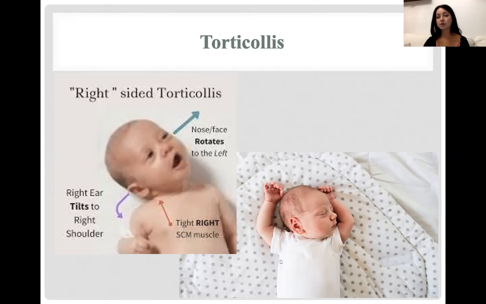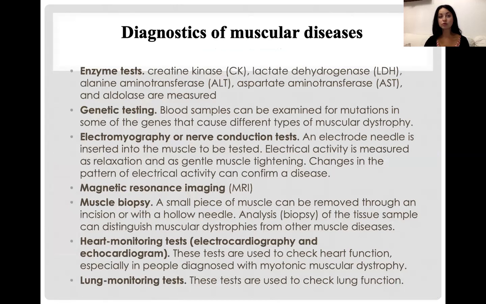If you suspect torticollis, you ask for an orthopedic and traumatology consultation in order to prove your guess about torticollis. Sometimes such a disorder even needs surgical treatment.